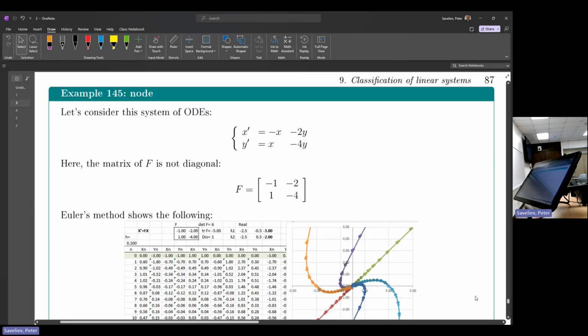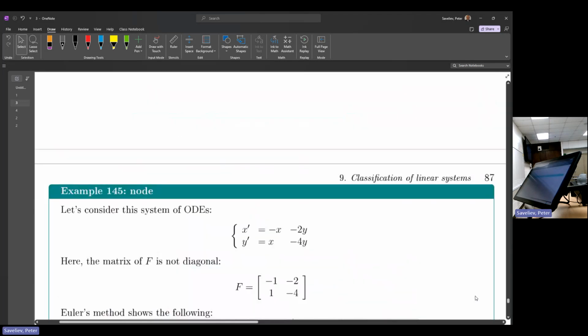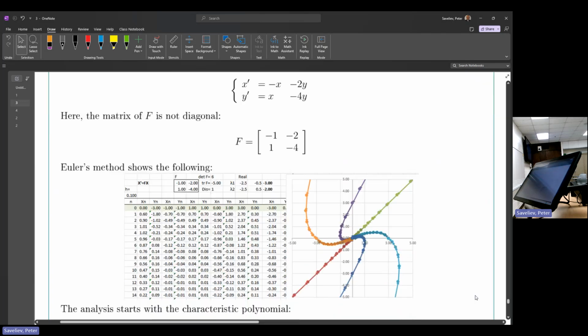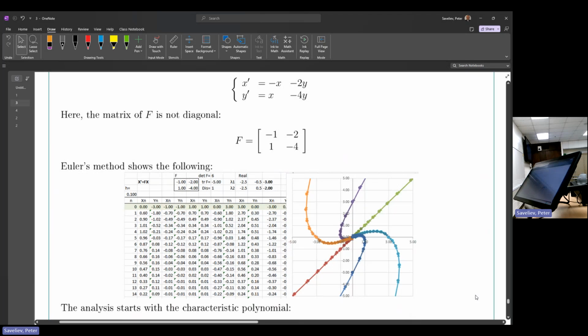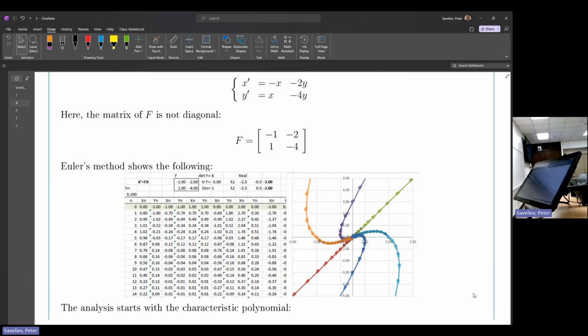Okay, so this one is slightly different. One more model. Well, no, there's no model, just a differential equation, as you can see here, and no diagonal, not similar. And once again, the Euler method shows this kind of fancy convergence. Everything converges, but in a manner that we haven't seen before, or at least it appears so.